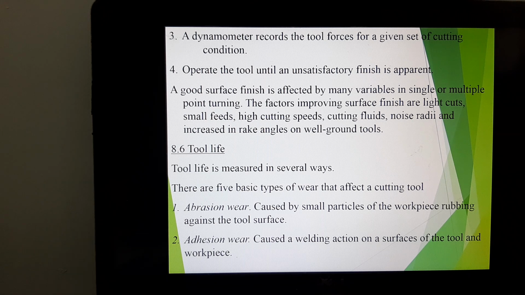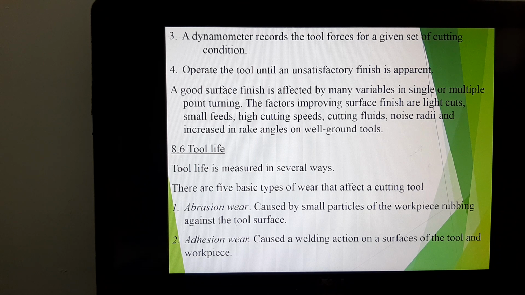So when does this happen? Abrasion wear is caused by small particles of the workpiece rubbing against the tool surface. As the particles rub against the tool surface, the tool will slowly wear off and lose its characteristics, and then you need to go and resharpen the tool again. So that is abrasion wear.